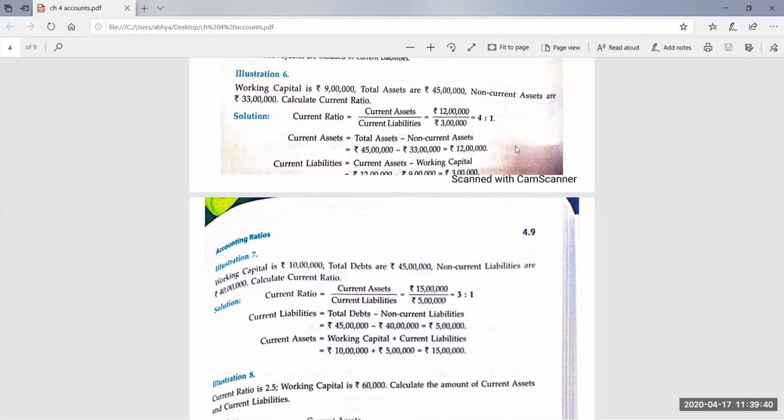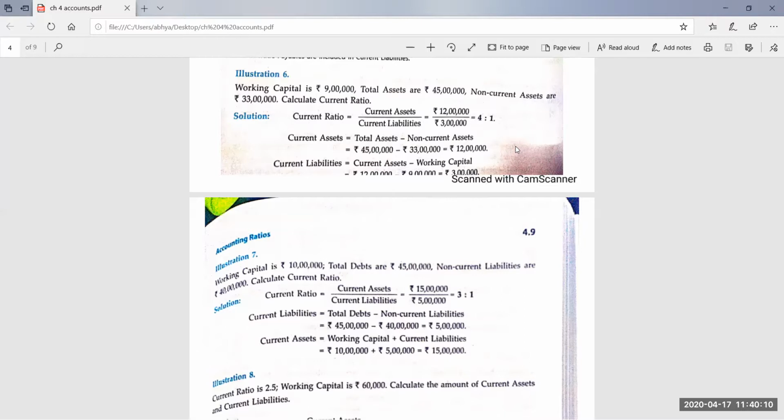So I have explained the method. Just put the values. Current ratio 2.5, working capital 60,000. Calculate the amount of current assets and current liabilities. Just do it mathematically. Take the value of current liability as X. Current ratio 2.5 means 2.5 is to 1.